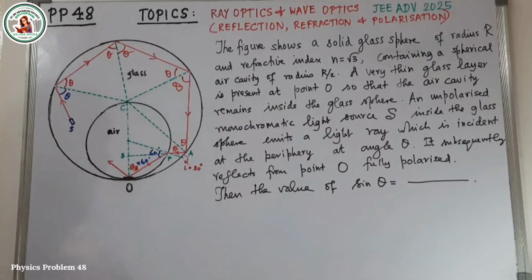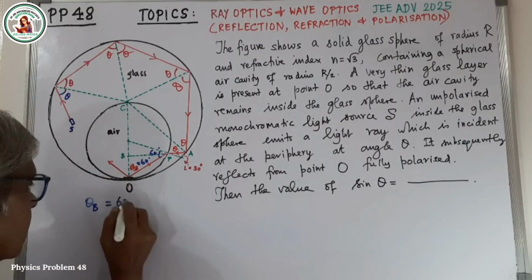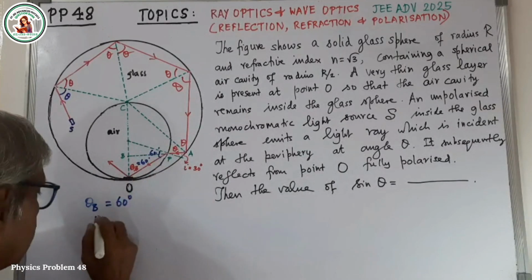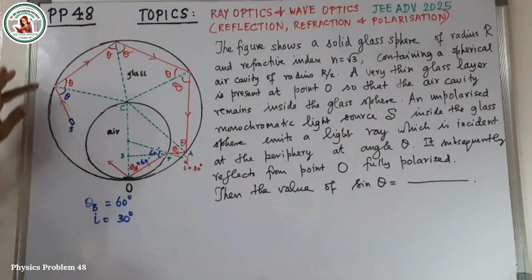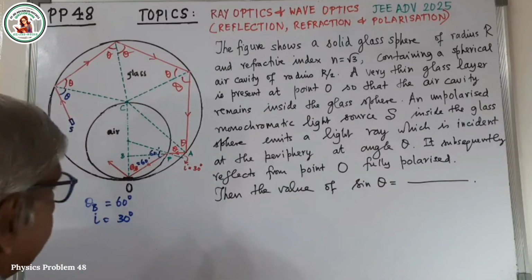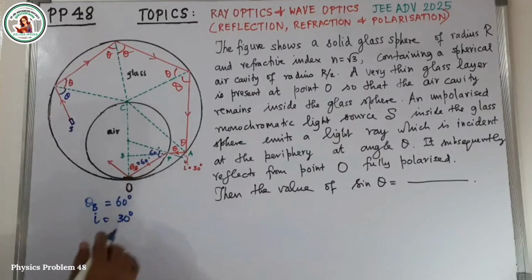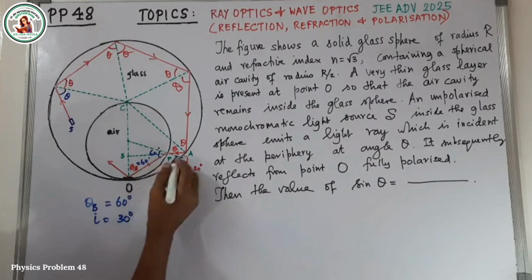Now, after getting theta b equal to 60 degrees and I equal to 30 degrees, and once you get the diagram clearly like this, the rest is a very simple calculation.